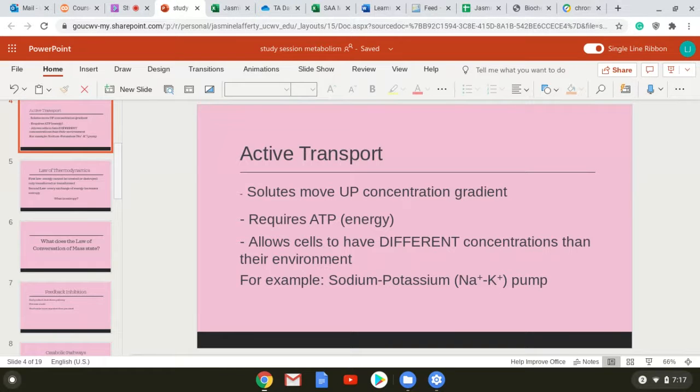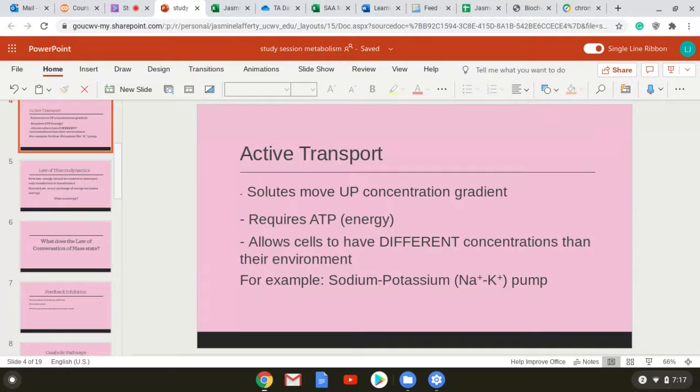Yep. Okay. So what is the main product of the overall respiration cycle is ATP. That's the energy. So to do active transport, you have to use some energy.